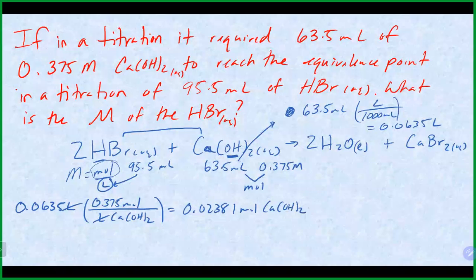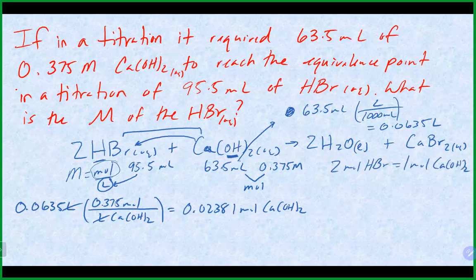Once again, though, we need to go from our calcium hydroxide to our HBr so that we can calculate the molarity. And from the equation, we can see every 2 moles of HBr, we get 1 mole of calcium hydroxide. So we will use that as our stoichiometry here to get to hydrobromic acid.